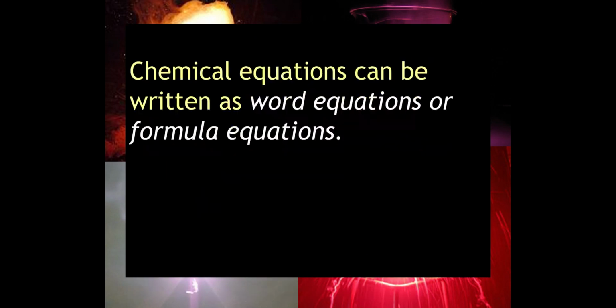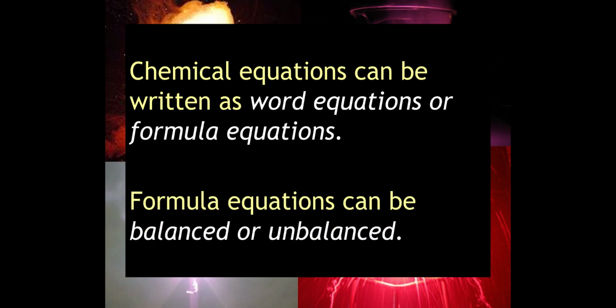Okay. Now, chemical equations can be written in two ways. You can write them as word equations, or you can write them as formula equations. Word equations are just what they sound like. They're only words there. There's no symbols, there's no numbers, just words.